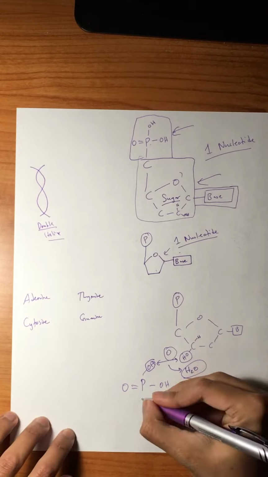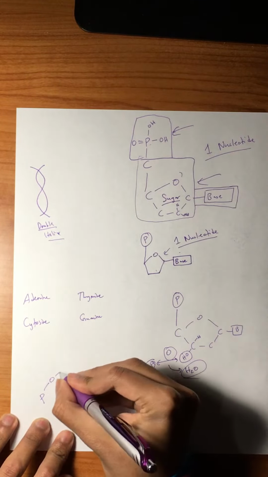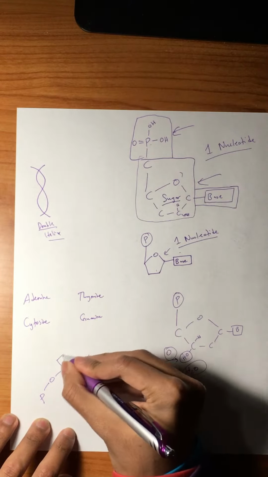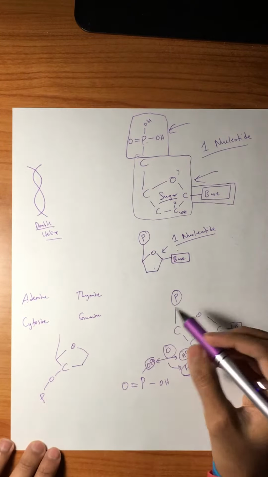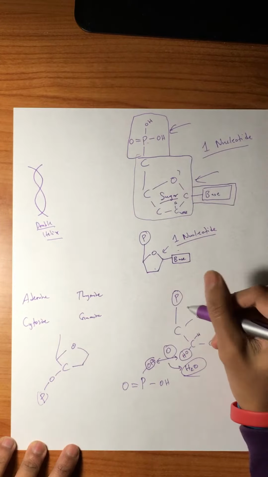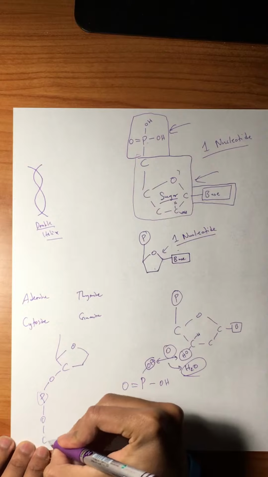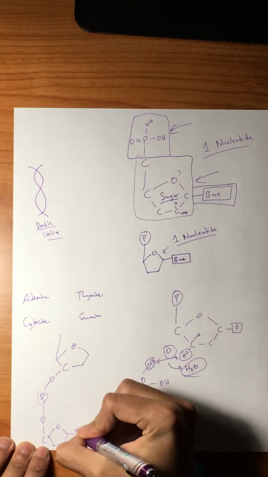What that ends up looking like is a phosphorus linked with an oxygen, linked with the carbon, which is then linked to the rest of the nucleotide. And this phosphate group is linked to its own nucleotide.